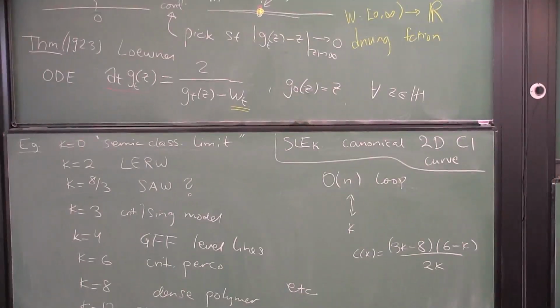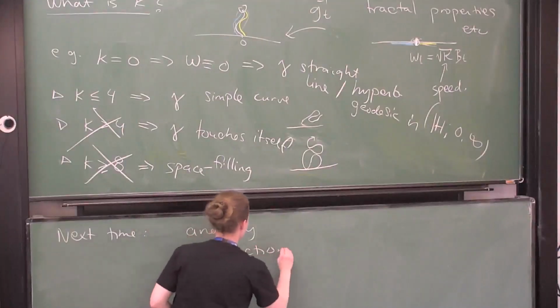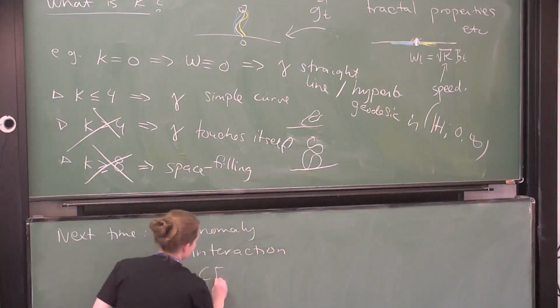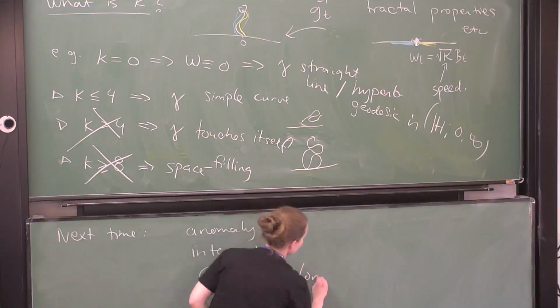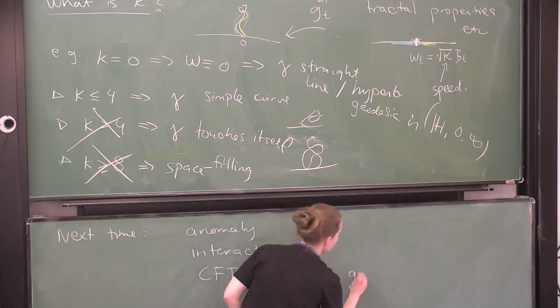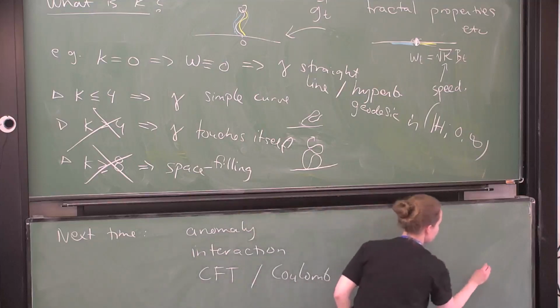Let's see the plan so that you know what to expect. Interaction. Maybe a CFT interpretation, or actually Coulomb gas also. So you can write the interaction in terms of Coulomb gas. So the c kappa is going to be actually less than 1.